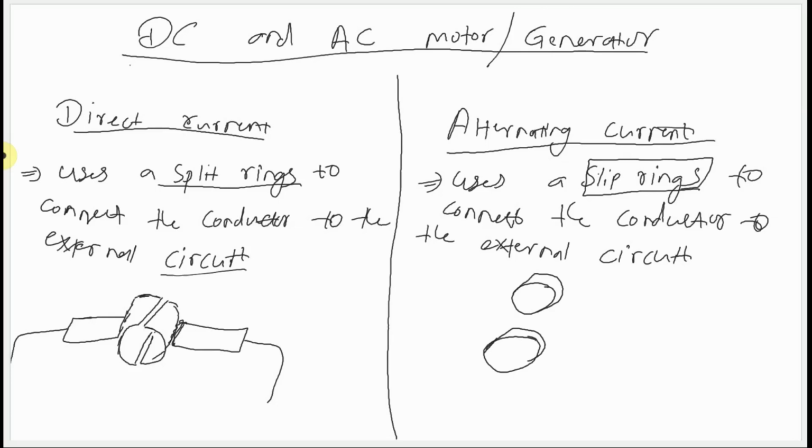So I will have a carbon brush attached on the other side. You have one carbon brush per ring. One ring gets a carbon brush, and another ring also gets a carbon brush. Then you will have the external circuit.